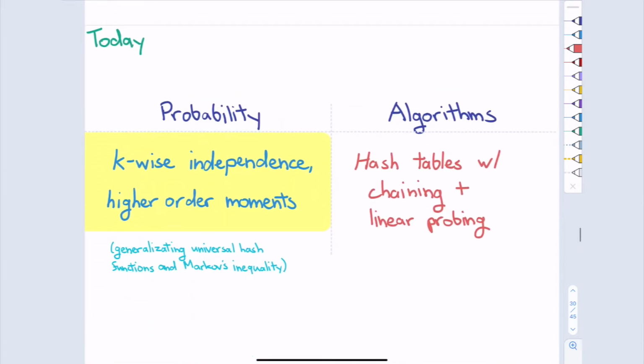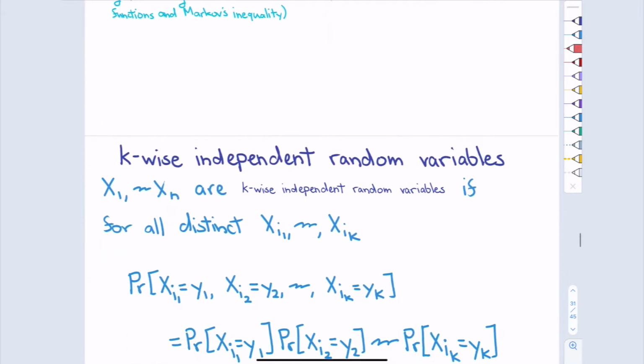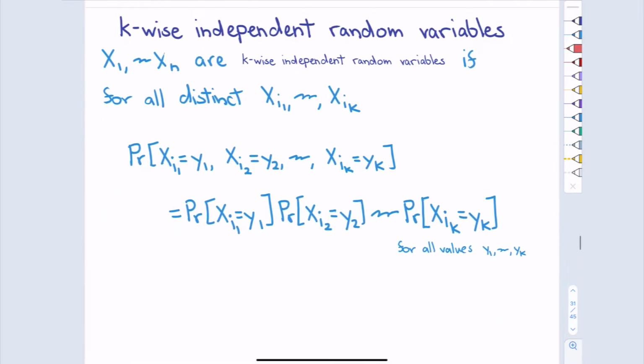Okay. All right, so that's what we want to prove. I need to introduce a few more tools that are going to show up in the analysis. Just slightly more general than a k-wise independent hash function, we could in general have k-wise independent random variables.